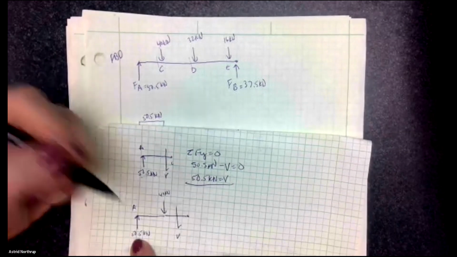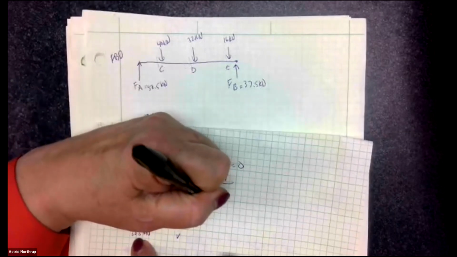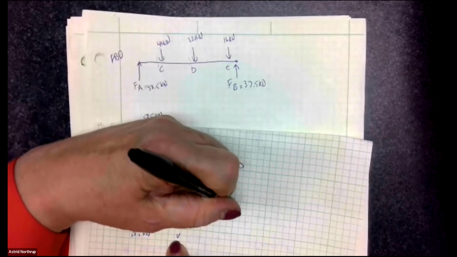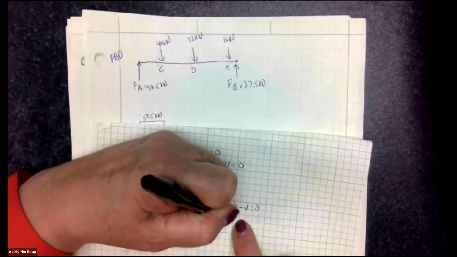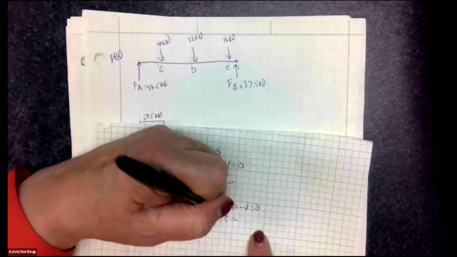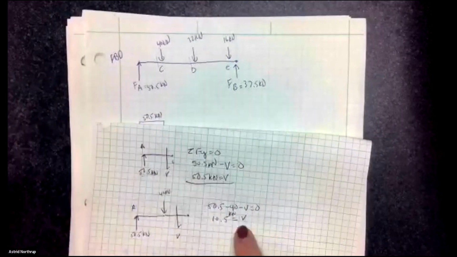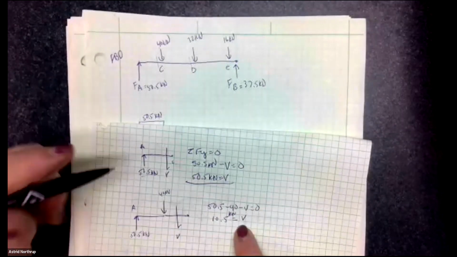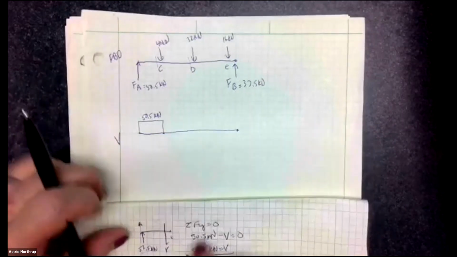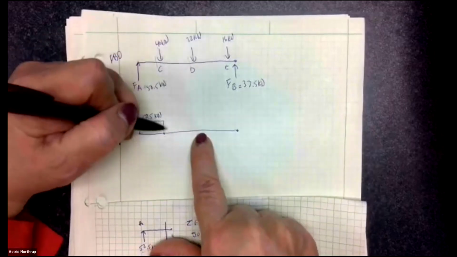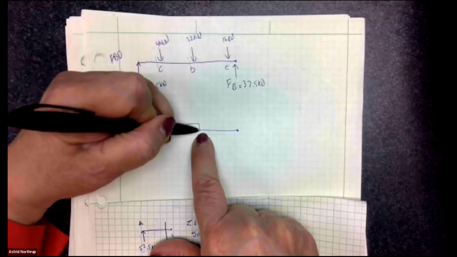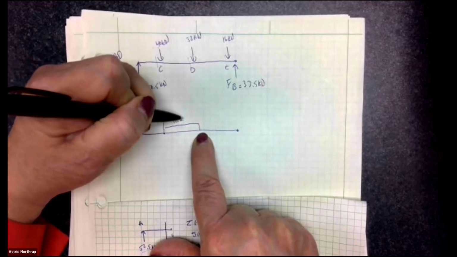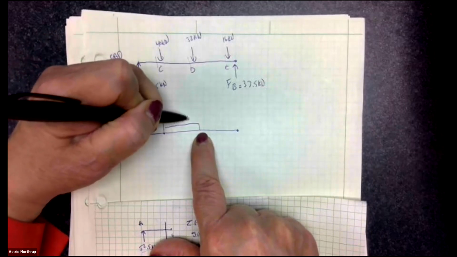You just call it V. So here you would say 50.5 minus 40 minus V equals 0. 10.5 minus V equals 0, or 10.5 kilonewtons equals V. So what that means is between here and here, you have a V of 10.5 kilonewtons.